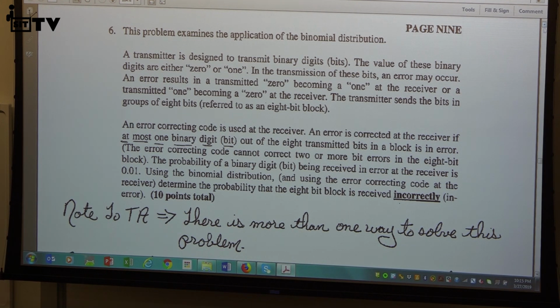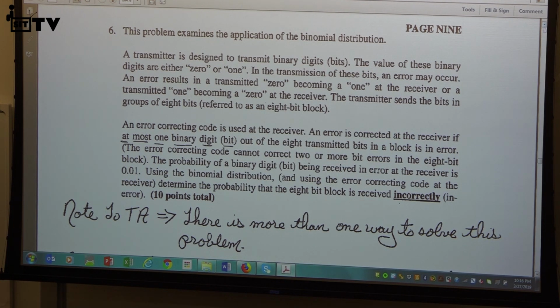I actually thought this was an interesting problem. Okay, you have a transmitter, and the transmitter is sending either a 1 or a 0.